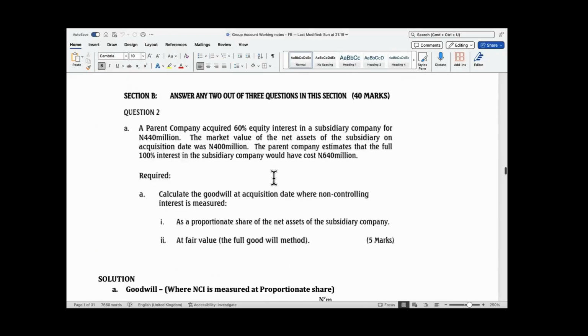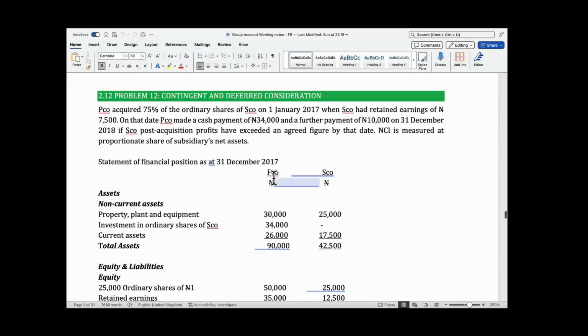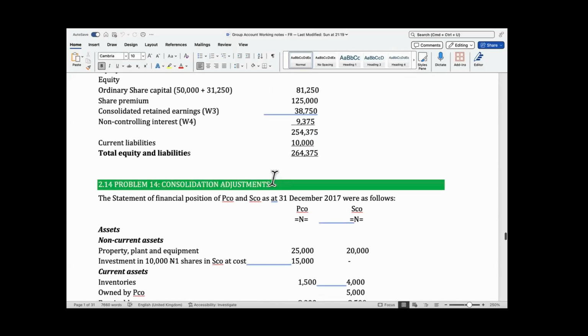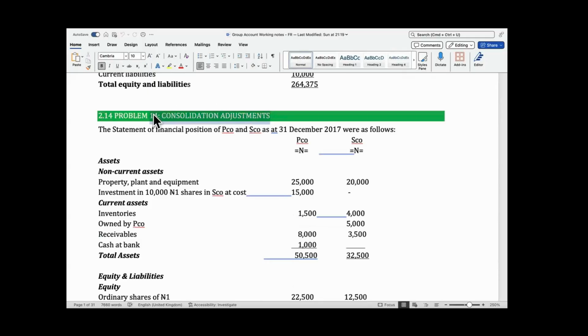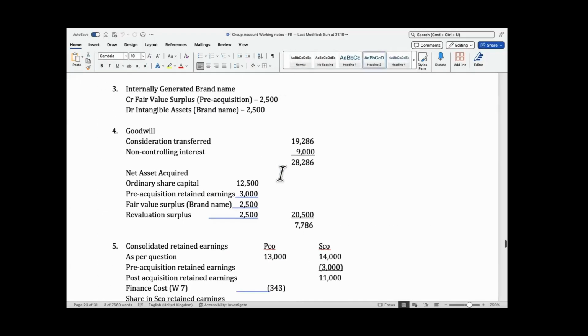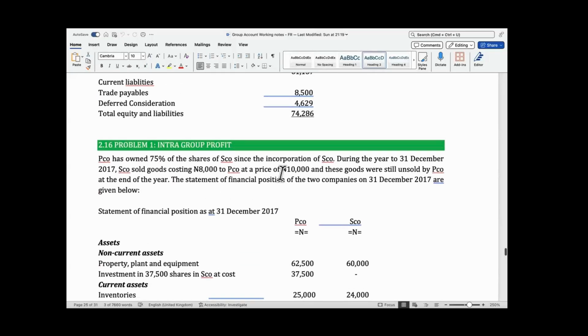And we did quite a number of questions last week, and we stopped at this place. We solved up to this question that has a series of adjustments. And today now we're going to proceed from where we stopped.